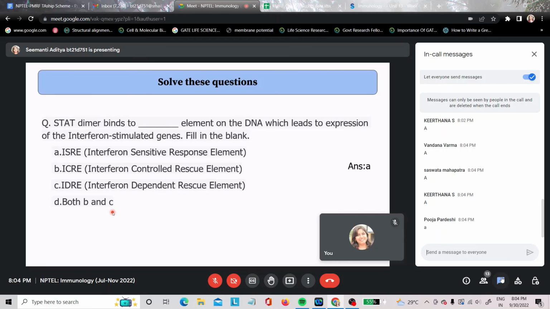Right. It's option number A. This is the interferon sensitive response element, or ISRE. That is the region where the STAT dimer goes and binds in the DNA and will help in the gene expression of the particular gene, whatever the cytokine is wanting to regulate. So STAT dimer will bind to the ISRE region.